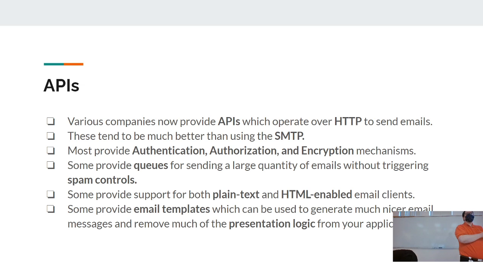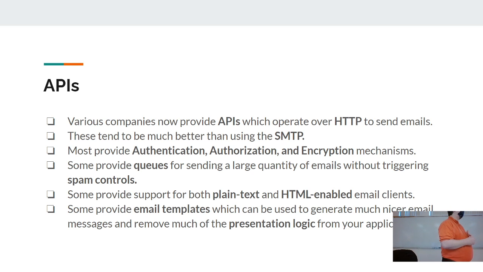The alternative to doing that is there's a lot of APIs that have now been built which function over HTTP. So you can work with a company or pay for their services, and they'll give you a nice REST API or similar that you can use over HTTP to send your emails out.